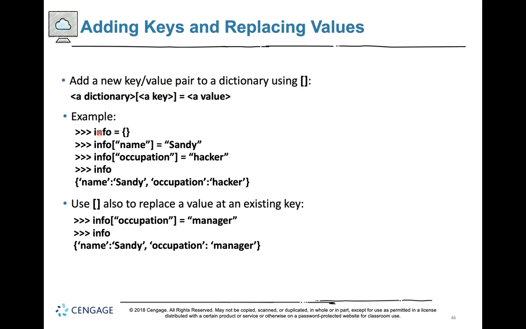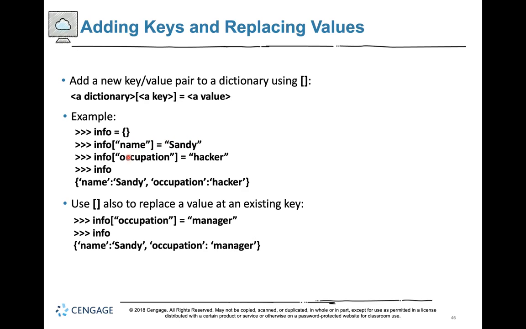Here's an example. We start with an empty dictionary. By the way, the type name for dictionary is dict. By using this statement here, we are putting in a key value pair, name equal to Sandy, into that dictionary.